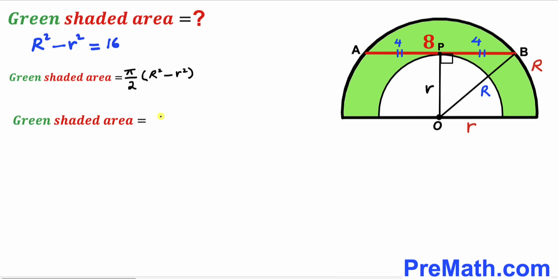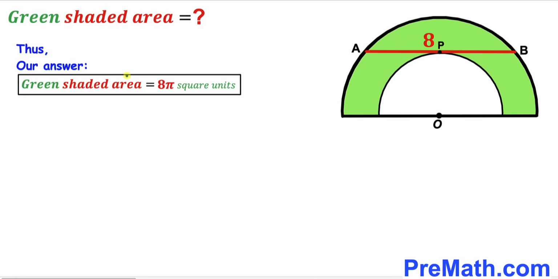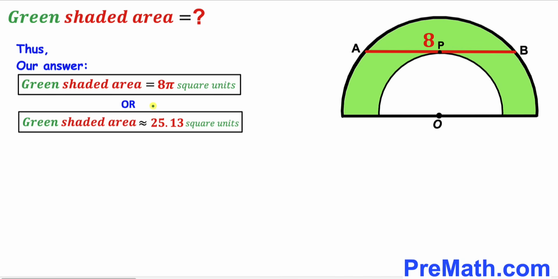Thus our green shaded region area turns out to be 8 times pi square units, which is approximately equal to 25.13 square units as well. And that's our final answer.